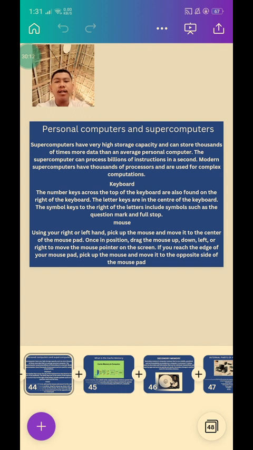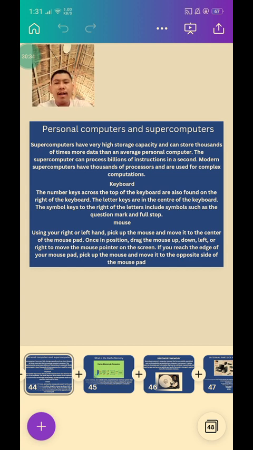The number keys across the top of the keyboard are also found on the right of the keyboard. The letter keys are in the center of the keyboard. The symbol keys to the right of the letters include symbols such as the question mark and full stop. Next, mouse.